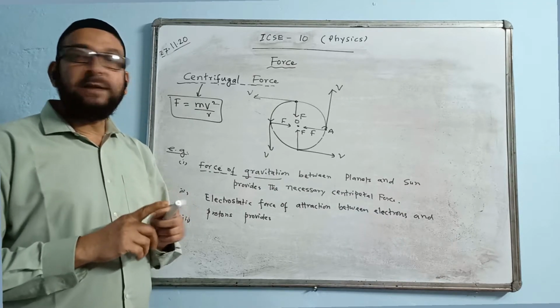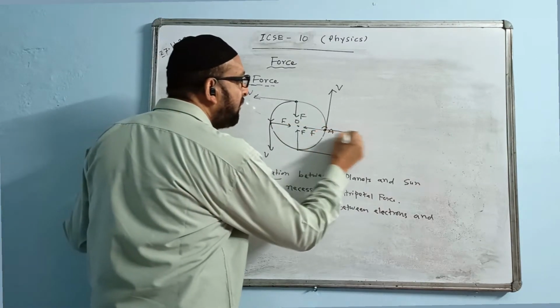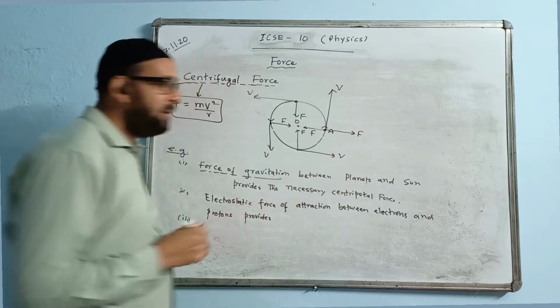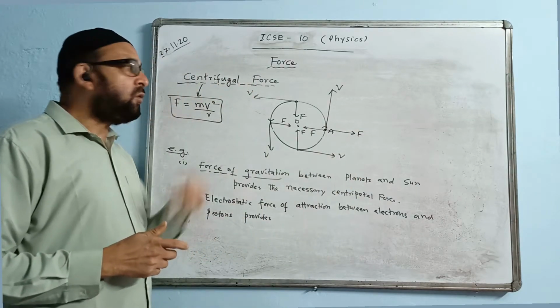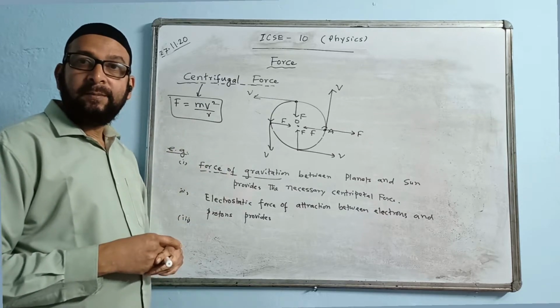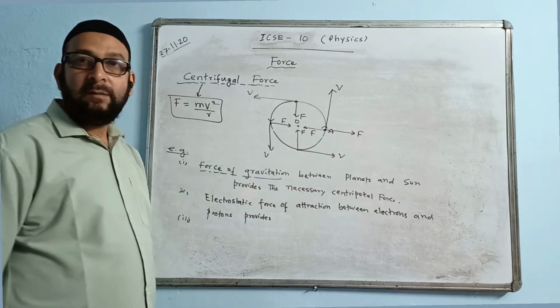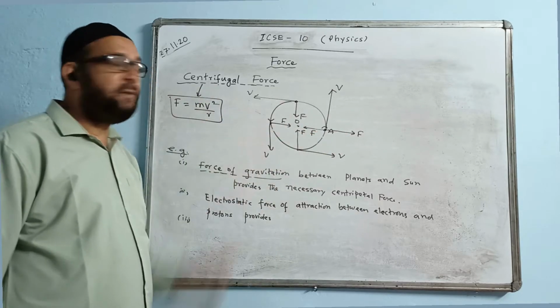When the forces are balancing, if one force is acting like this, then another force must act in the opposite direction. This force, which acts away from the center of the circular path, is called centrifugal force.